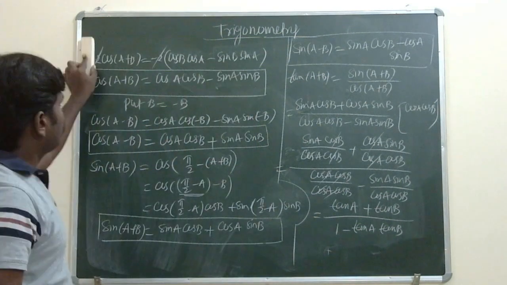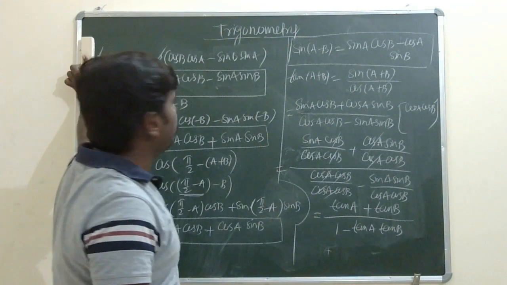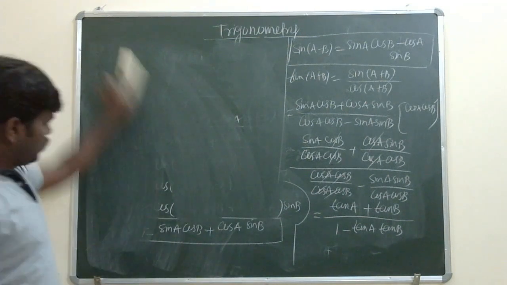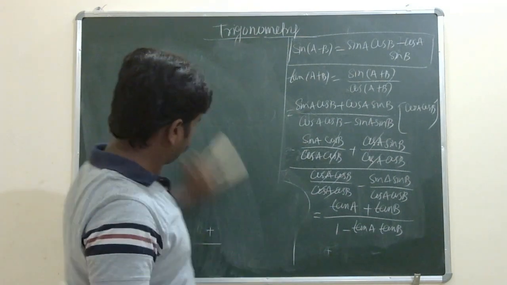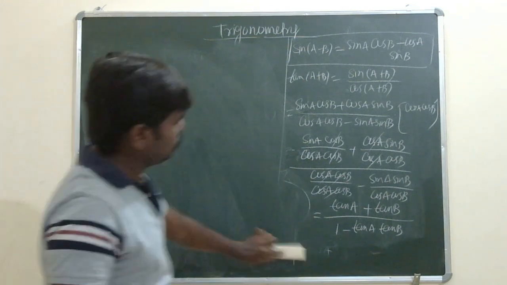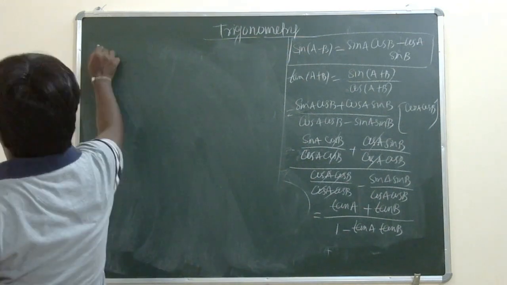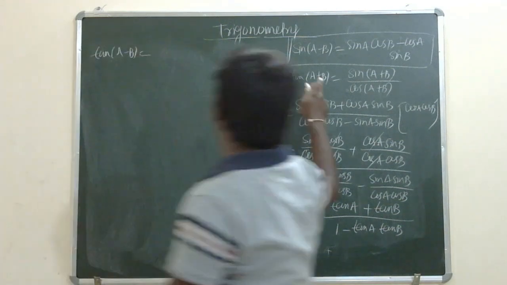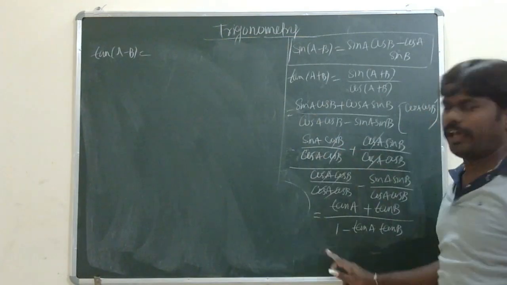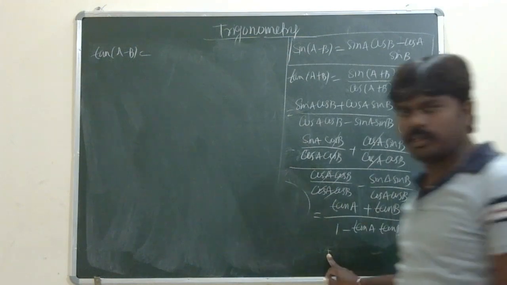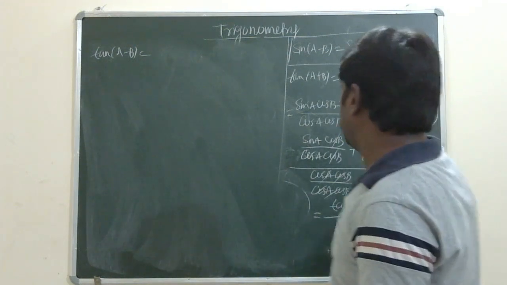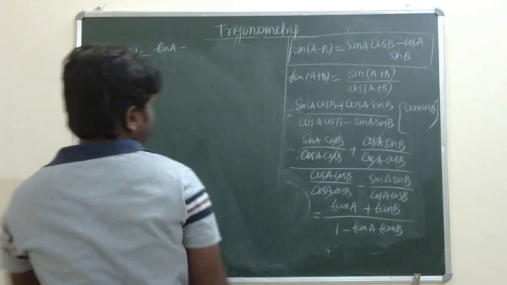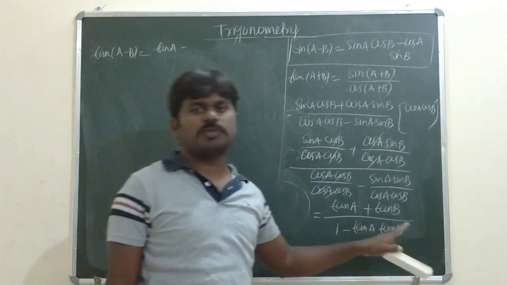So now we will see the tan a minus b formula. So here we want tan a minus b. So simply we will substitute b is equal to minus b in this formula of tan a plus b. We will get tan a minus b expansion. So here tan a, here plus tan of minus b, which means minus tan b.